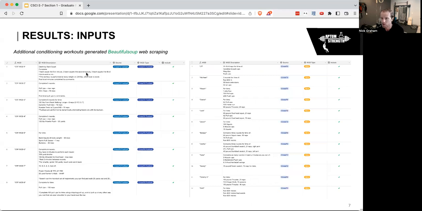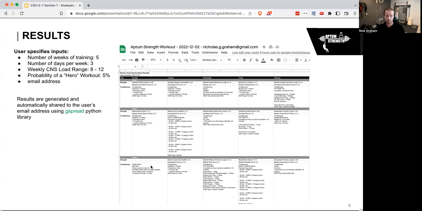So you can see here on the right, this table here, these are what are called CrossFit hero workouts. They're considered to be very, very demanding, very difficult. And so you could set this probability to 0 if you wanted to completely exclude these from your workout plan, or you could leave it at 1%, 5%, 10%, whatever you would like.